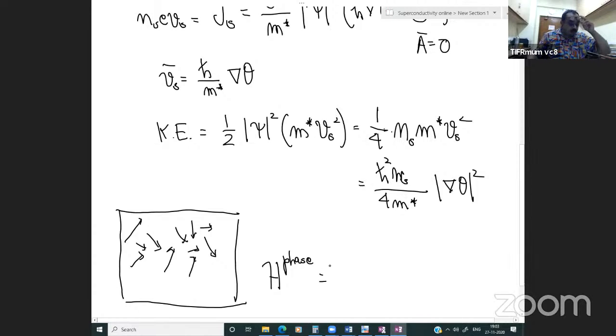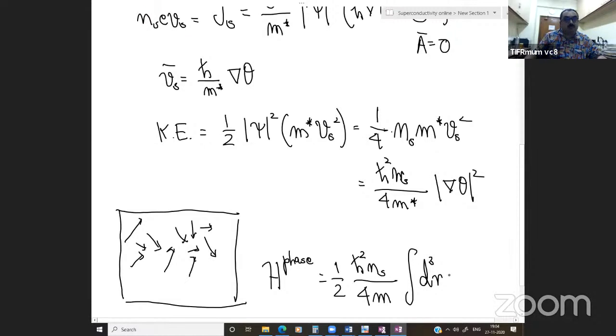So let me take out the half into h cut square ns by 4m, not m star, that is why another 4 has come, and d cube r.